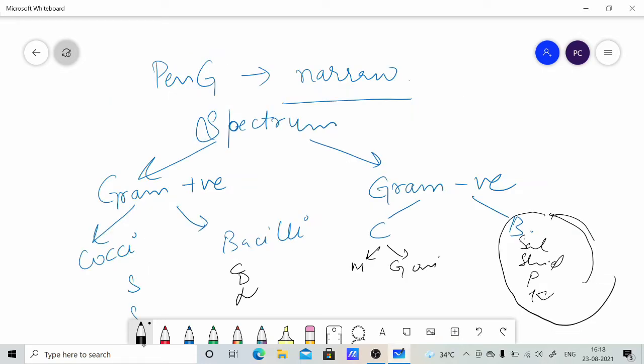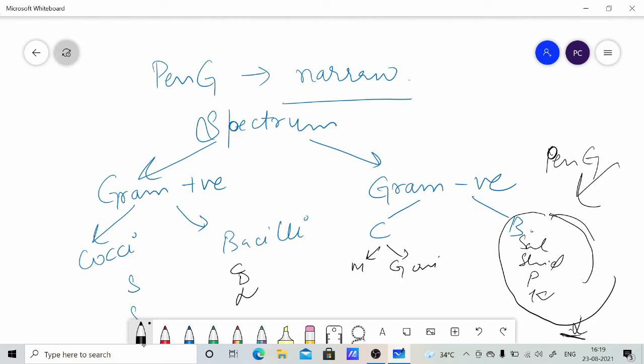Pseudomonas, Klebsiella, right? And this is the largest group. Penicillin G was not effective against this largest group, that is gram negative bacteria. That's why we say Pen G has a very narrow spectrum.